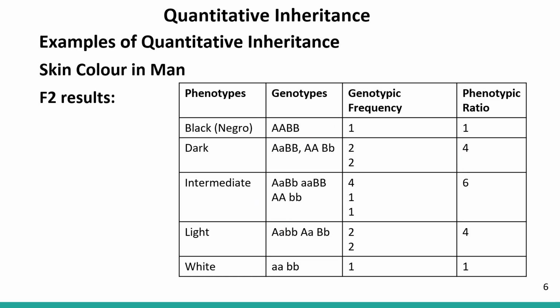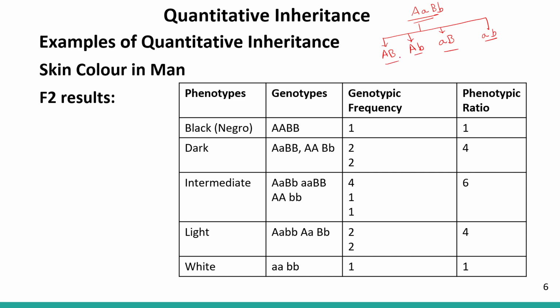They will produce different types of gametes. If we want to see how they are produced, there will be gametes like capital A capital B, capital A small b, small a capital B, and small a small b.